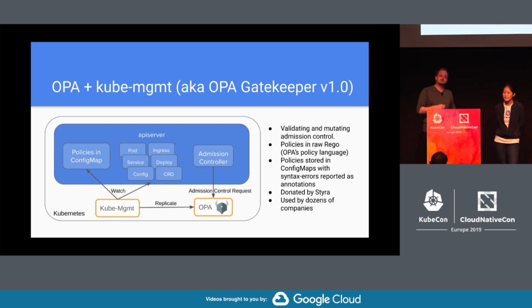And then you would register an admission webhook that would query OPA directly, and you would write your rego such that it would return a correct response, either admit, deny, whatever your use case may be. It was originally written by Styra and is currently used by dozens of companies.